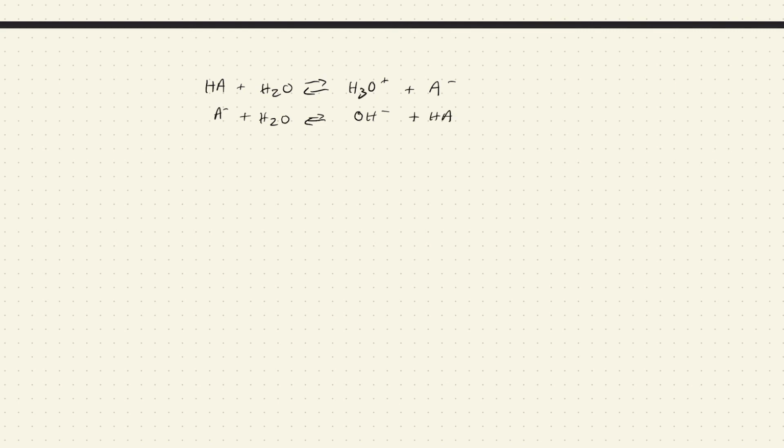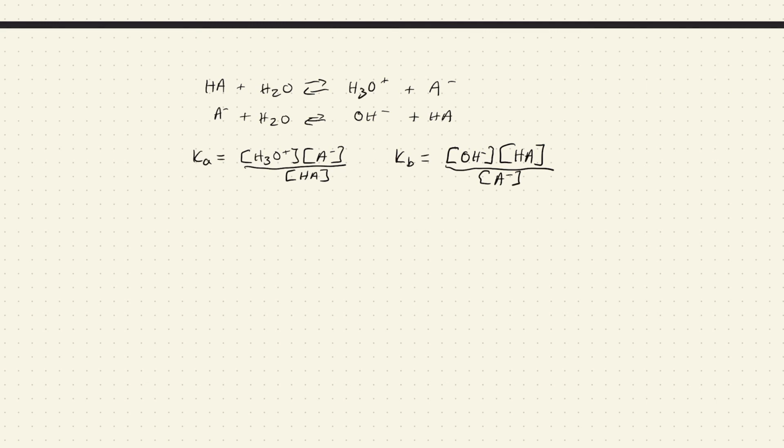Now the equilibrium expression for the first one is Ka equals concentration of hydronium times concentration of the anion over the concentration of the weak acid HA. I can also do the equilibrium expression for the second one, but instead of Ka, this is going to be Kb. Kb equals concentration of hydroxide ion times the concentration of the weak acid over the concentration of the anion.